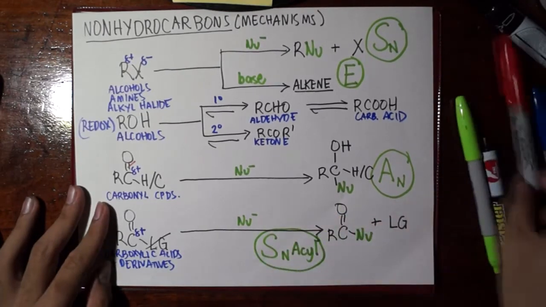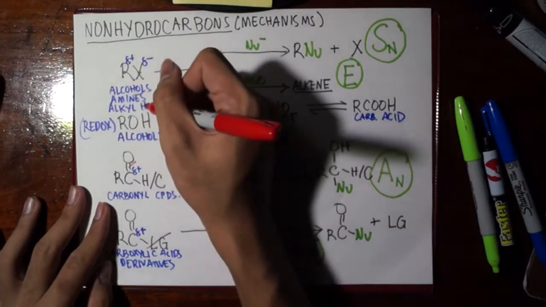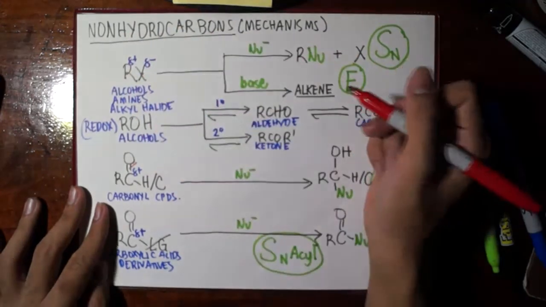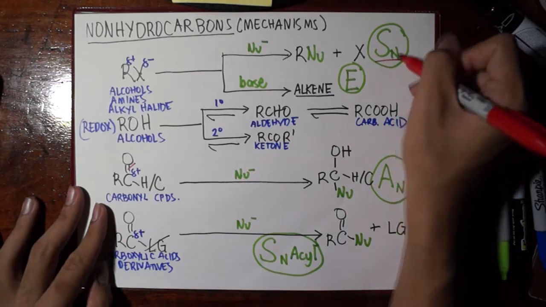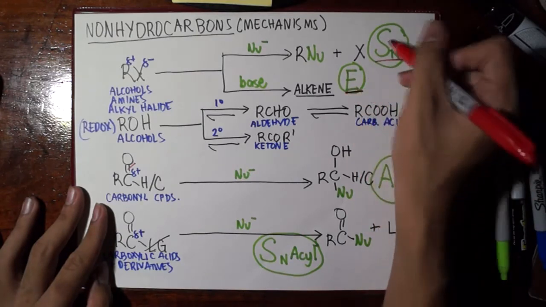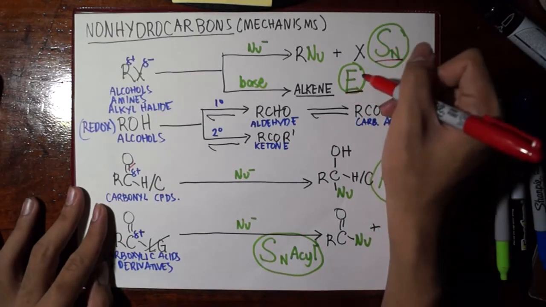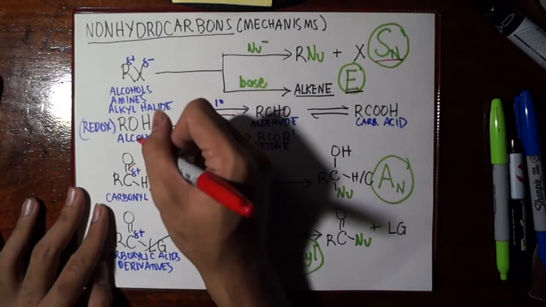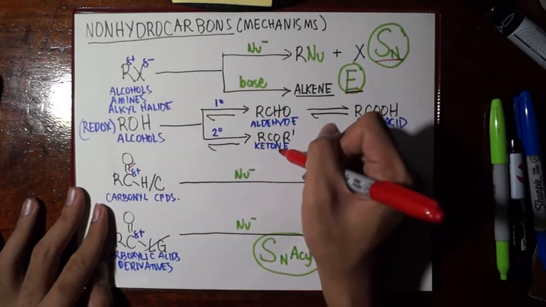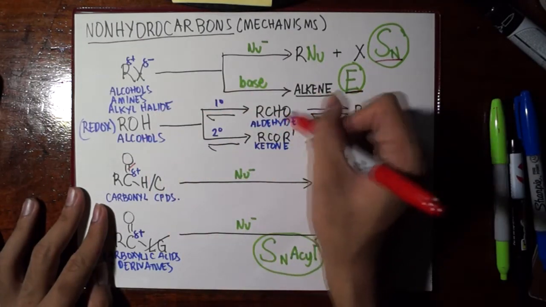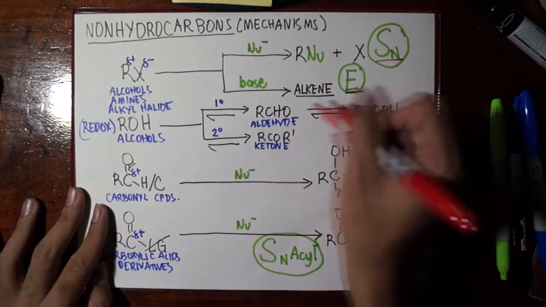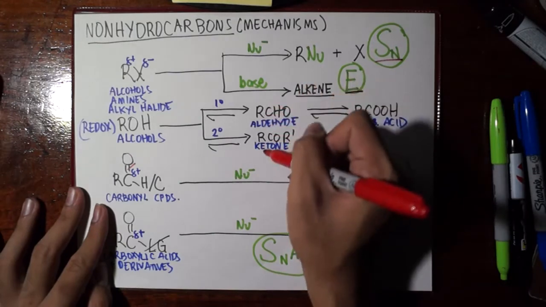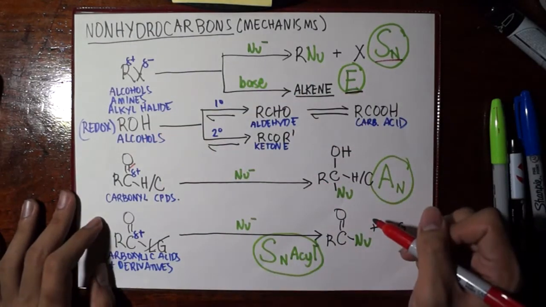Again, alcohols, amines, and alkyl halides, the RX compounds in my way of teaching, undergo either nucleophilic substitution or elimination: SN1 or SN2, E1 or E2. Alcohols can be oxidized to either aldehydes or ketones, and aldehydes can be oxidized to carboxylic acids, and vice versa. Carboxylic acids are reduced to aldehydes, and aldehydes and ketones are reduced back to alcohols.